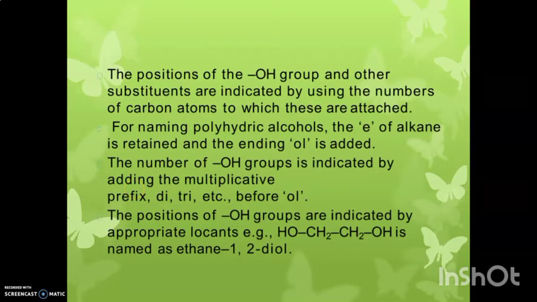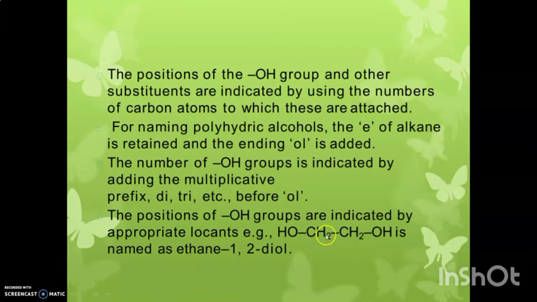If there are two hydroxyl groups, we have to write di, tri, like that, as a prefix. If we do it with an example, it will be clear. Here, first we count the number of carbon atoms.